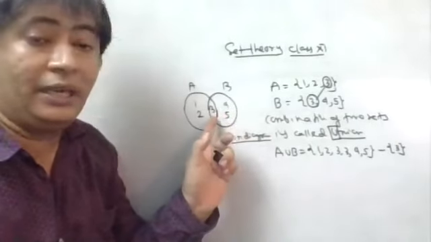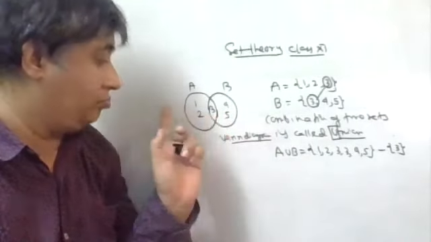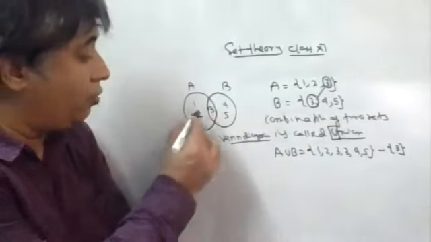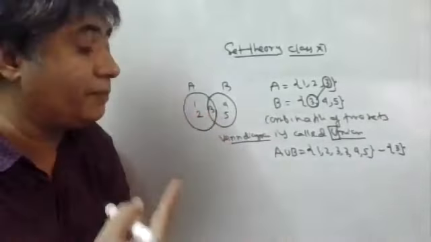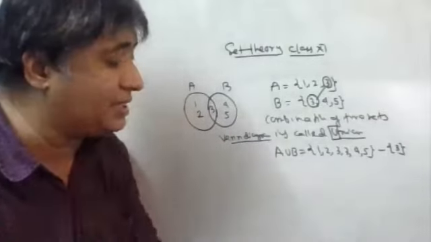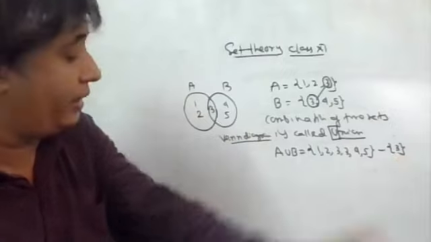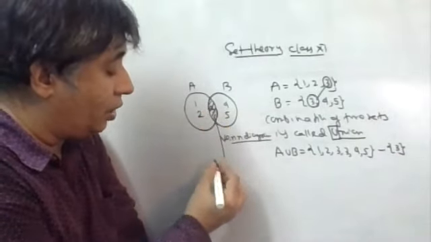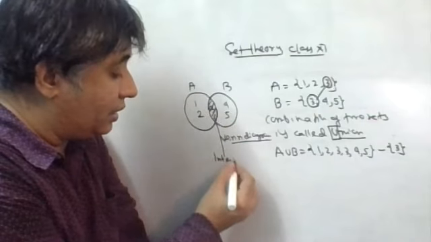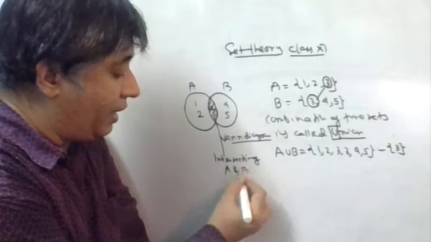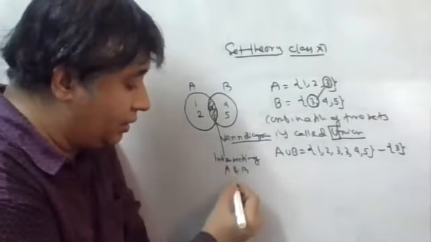So one thing is found common, that is 3. If you count 3 twice, that means one student or person or element will come extra, and that has to be excluded. So that common region is called the intersection of A and B. How to denote it?